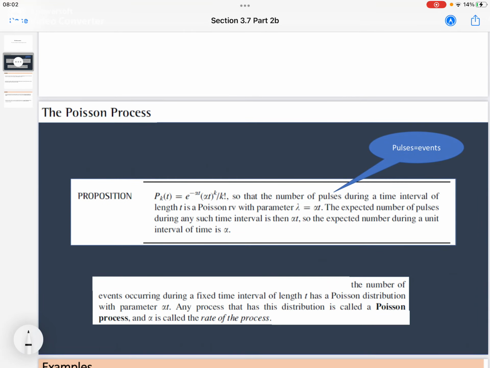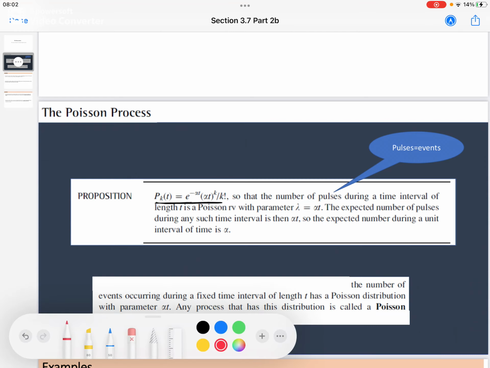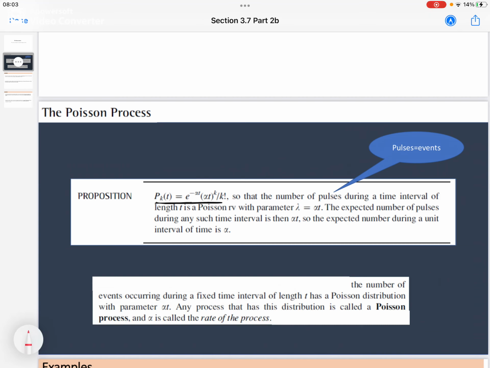So a proposition says, suppose that you have a PMF of this expression. We have the PMF equal to e to the power minus alpha t times alpha t to the power k, all divided by k factorial.